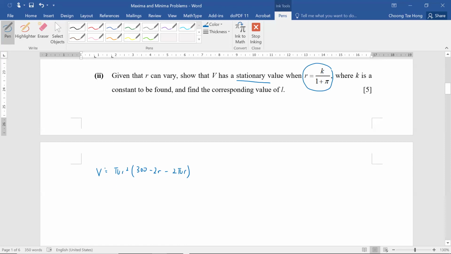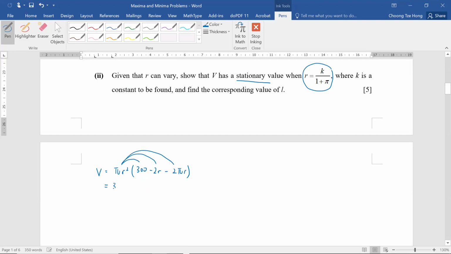So how are we going to differentiate this? There are two ways to go about it. Either you can use the product rule, whereby this one is one term and this is the other term. But for equations such as this, I very much prefer to open up the brackets first and then differentiate each term individually. So instead of using the product rule, I'll just multiply this into the brackets, into these three terms, to get three different terms and differentiate each one of them individually.